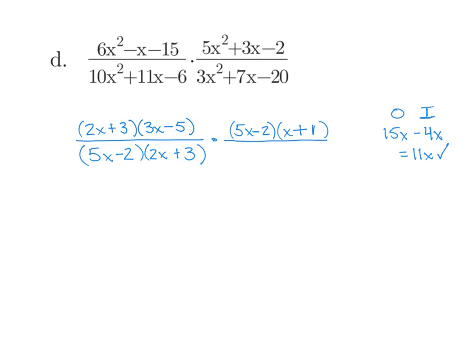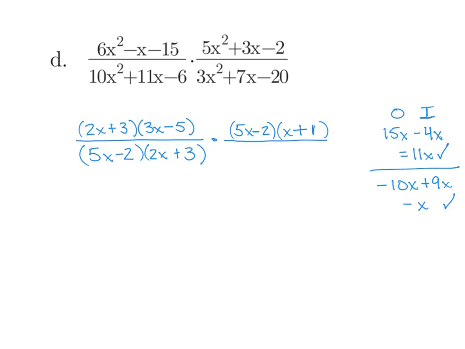If we do a quick check, my outsides, I get 2x times negative 5 is negative 10x. My insides, I get 3 times 3x is plus 9x, which does simplify down to negative x. This is correctly factored.